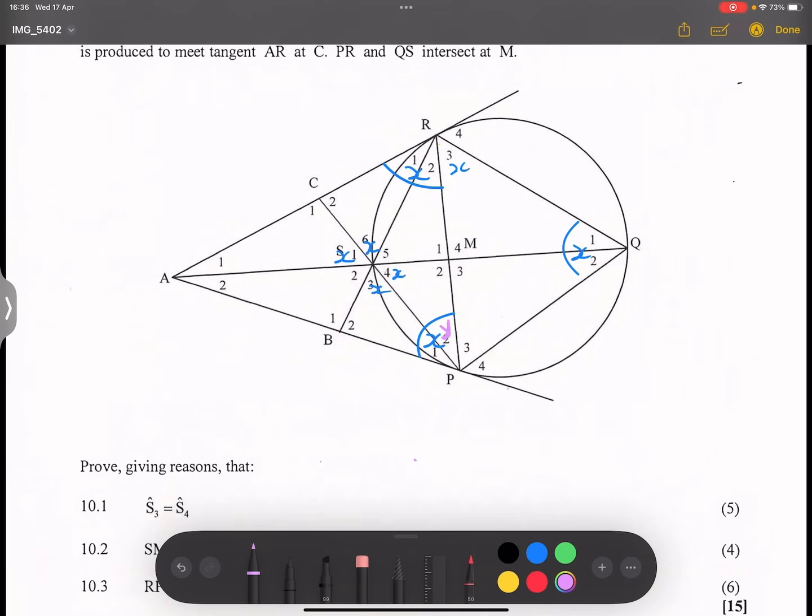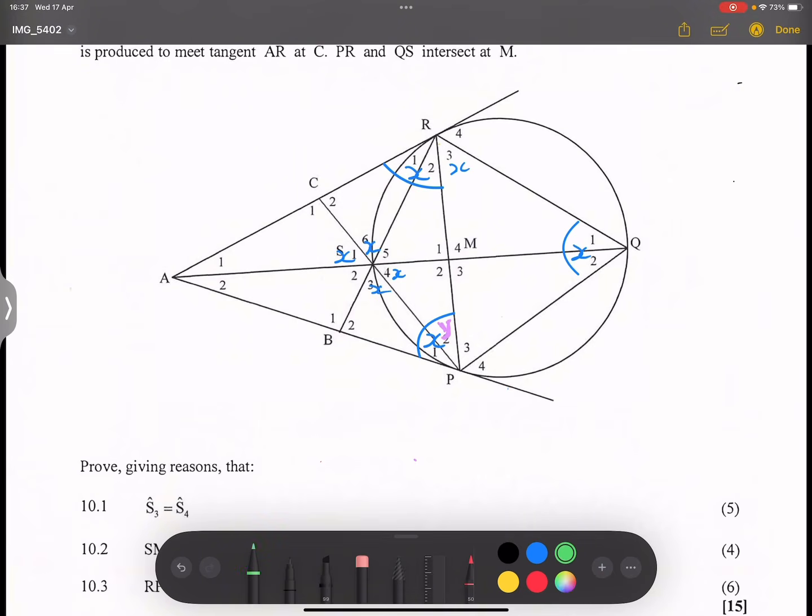Please, I want you to listen very carefully. So now I need to prove that angle A2 is also equal to y. So I'm letting P2 be equal to y. Now note that makes P1, please listen carefully.